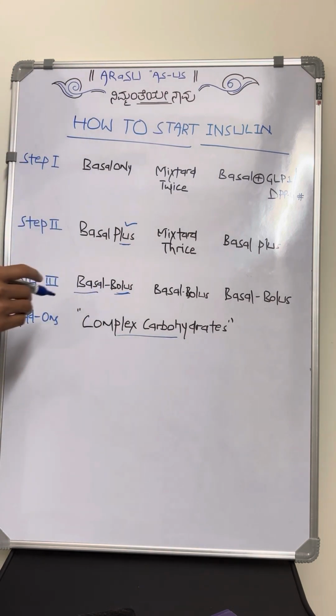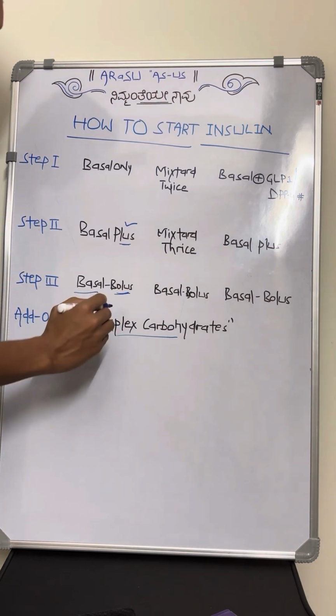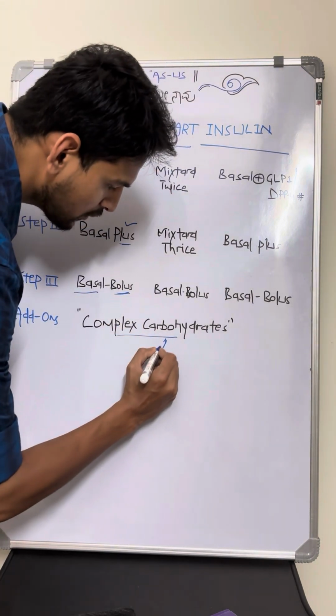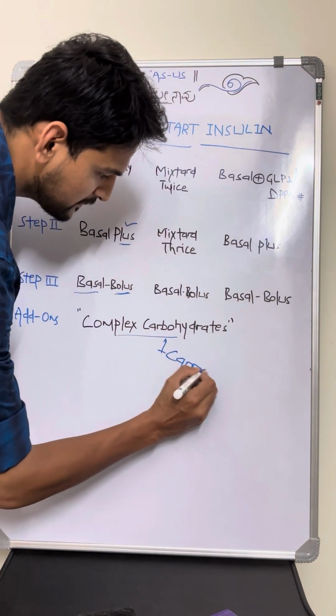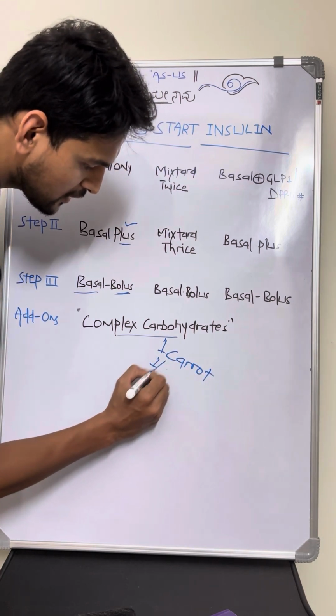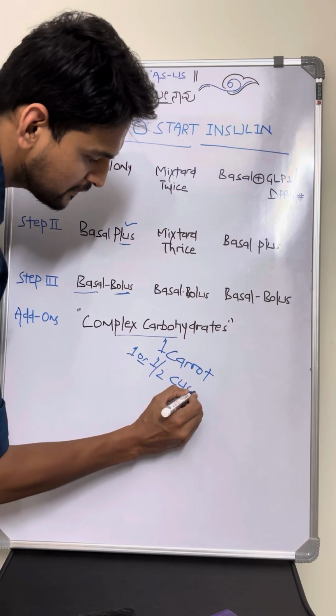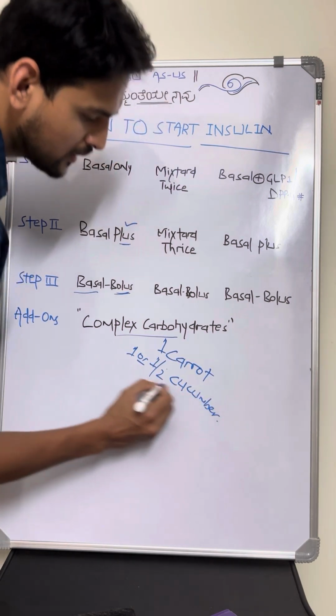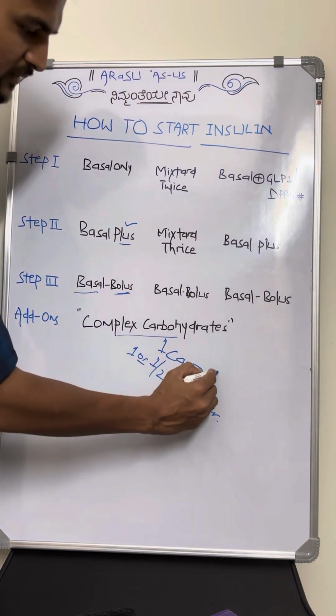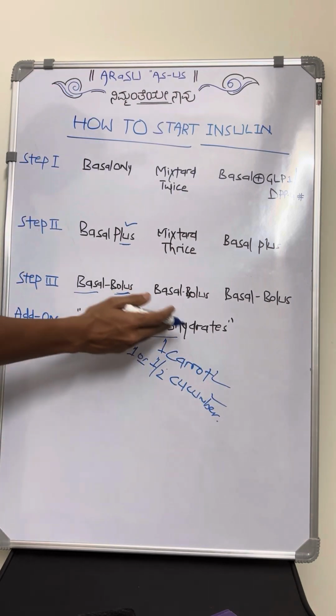So for them, the best advice is to take 1 carrot and 1 or half cucumber at every meal. These can act as complex carbohydrates.